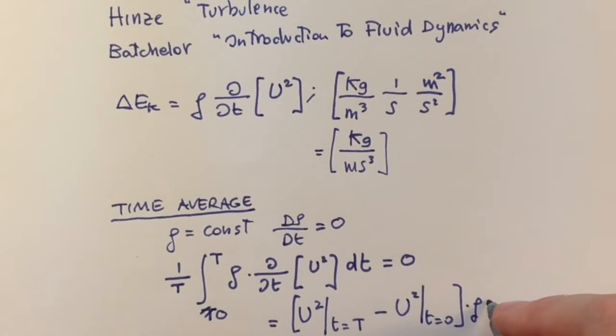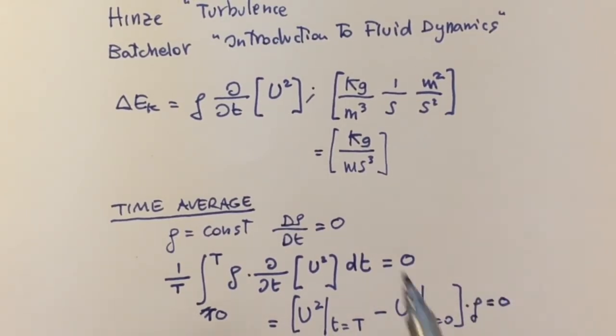But this is equal to 0 because the flow is periodic over a period. So there's no change in kinetic energy over a period of time. And so this is for each point in space.